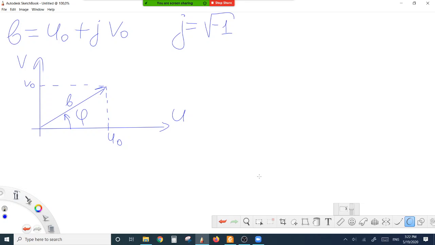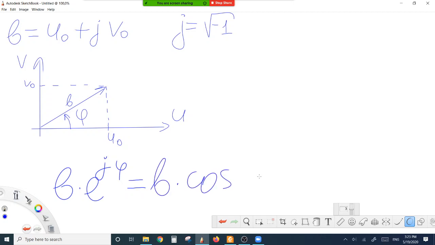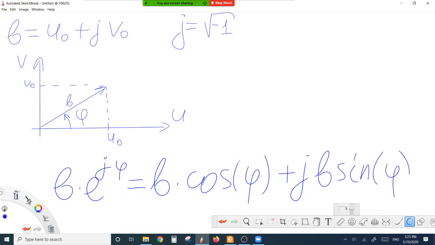And instead of writing b in this form, we can also write b in phasor notation, which is b multiplied by e to the j phi, which is equal to b cosine phi plus j b sine phi.